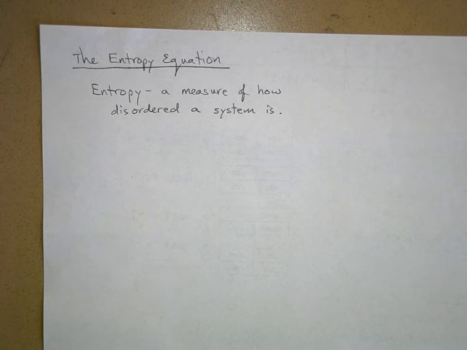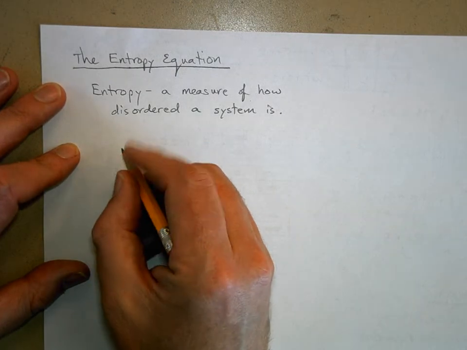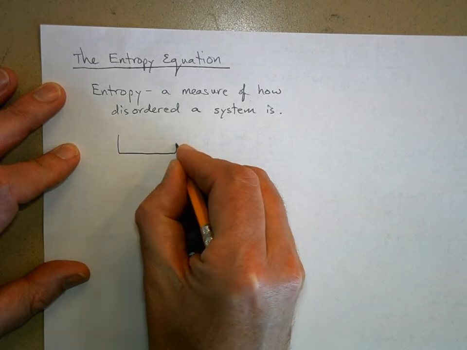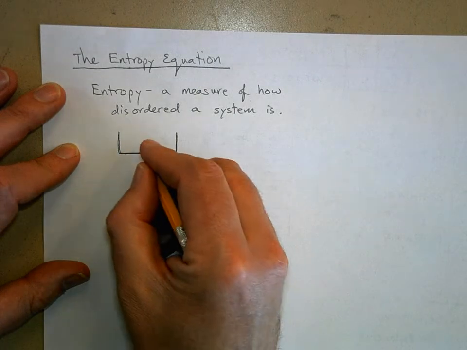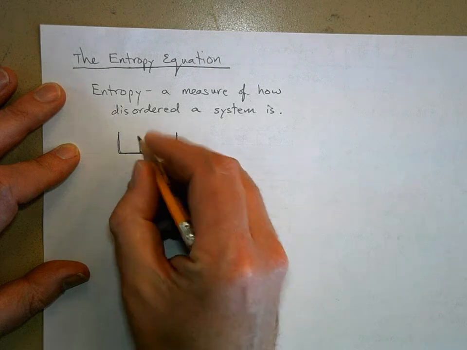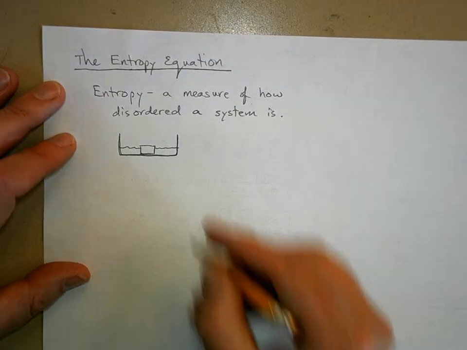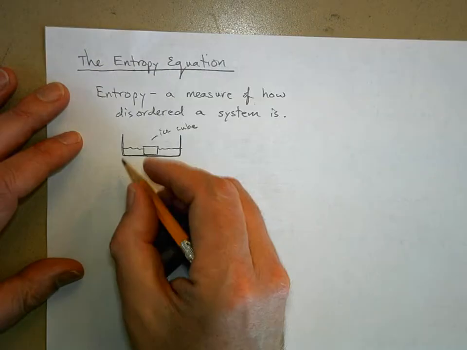Now, thermodynamically, we think of entropy as how randomized everything is. For example, if I have some water here, and I have an ice cube that's this big thing of water, and so this is an ice cube, and this is just in water.